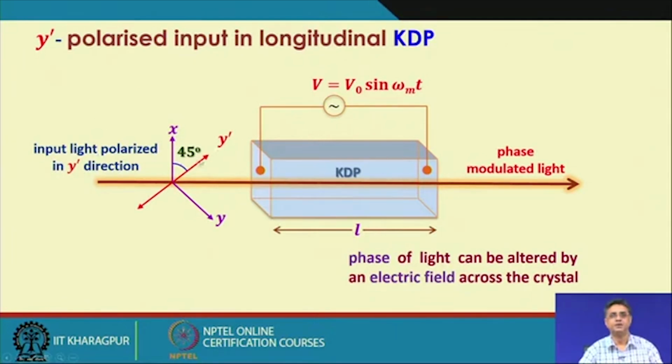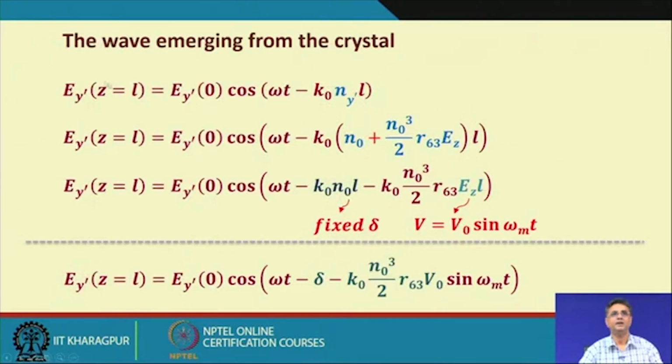So, if we launch light with this y prime polarization, then the output light is again phase modulated. It will happen the same way as it had happened in the case of x prime polarization light, and then we can write this equation once again.